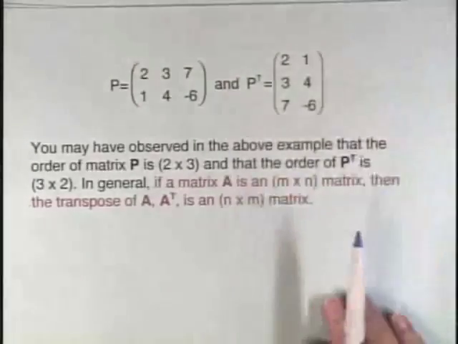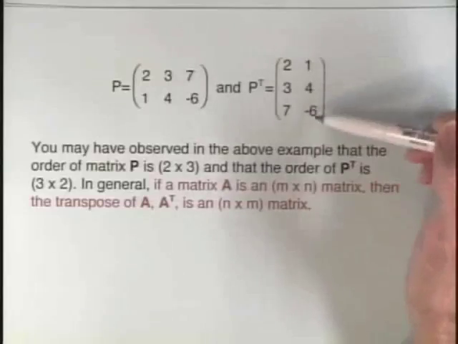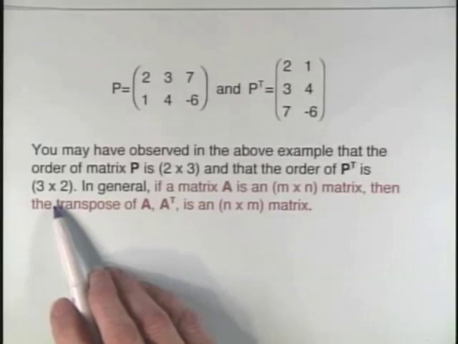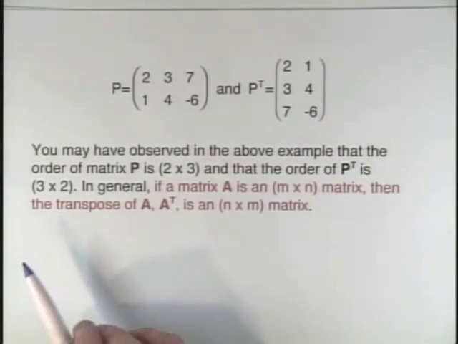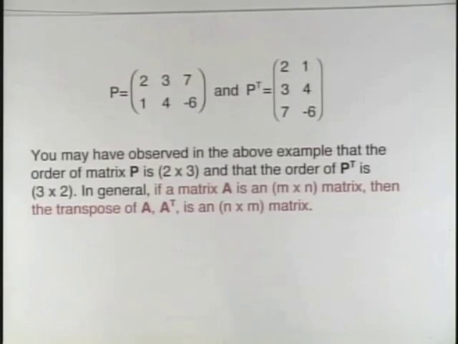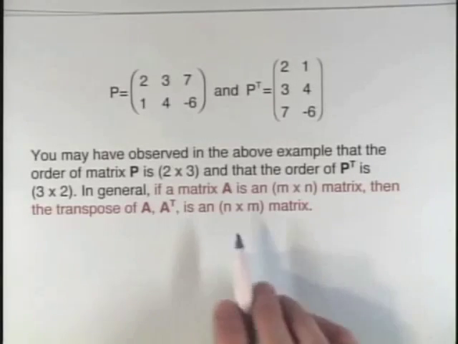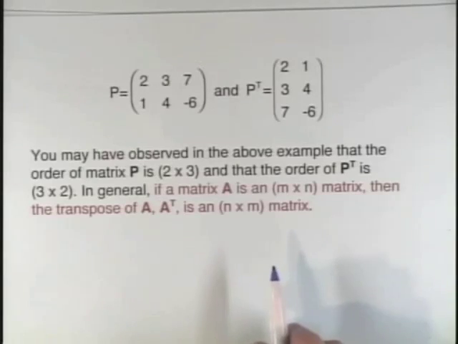Note here that P transpose has the order 3 rows, 2 columns, so P transpose is 3 by 2. This is not a coincidence. In general, if a matrix A is an m by n matrix, then the transpose of A, A transpose, is an n by m matrix.